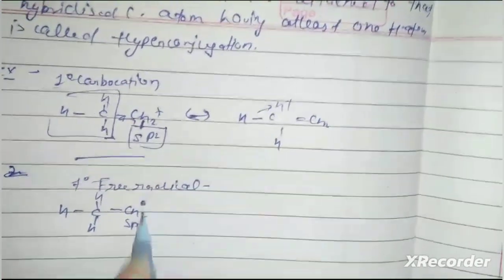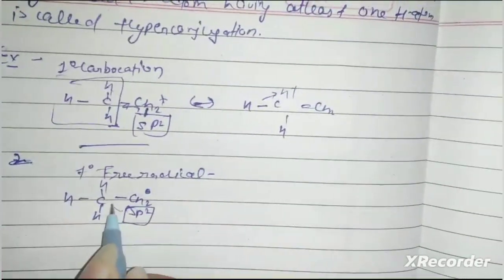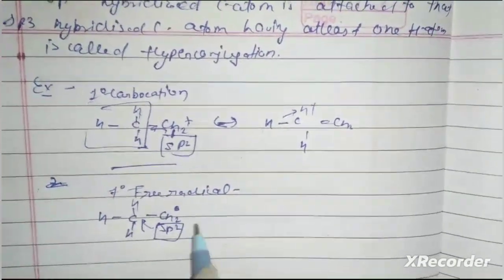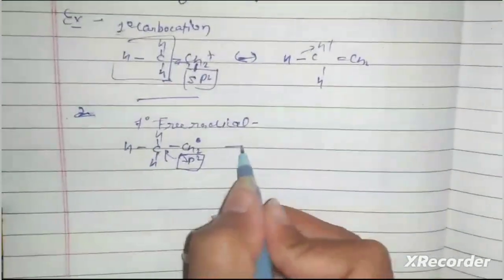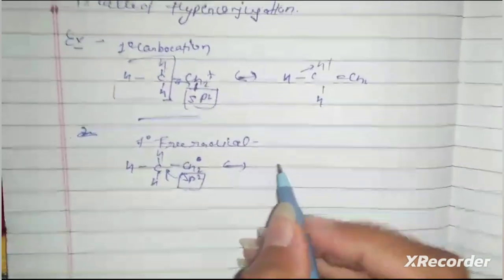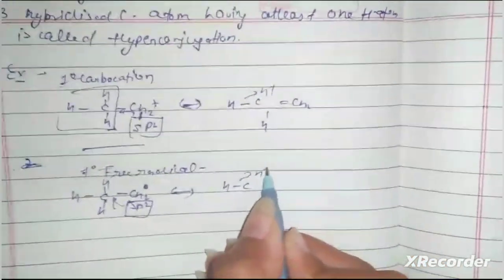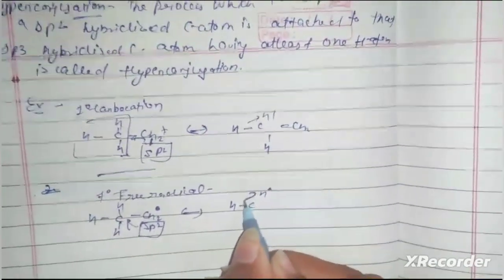This is an sp2 hybridized carbon atom and this is attached to an sp3 hybridized carbon atom. So it is in a hyperconjugation state. And the next hyperconjugated structure is shown with a half-headed arrow.